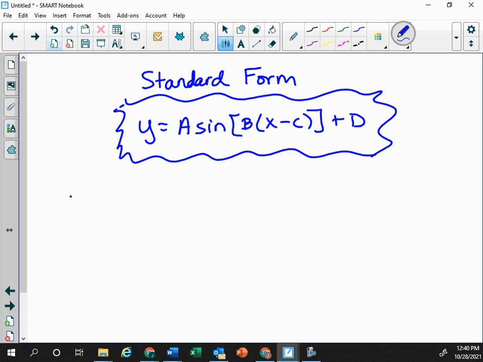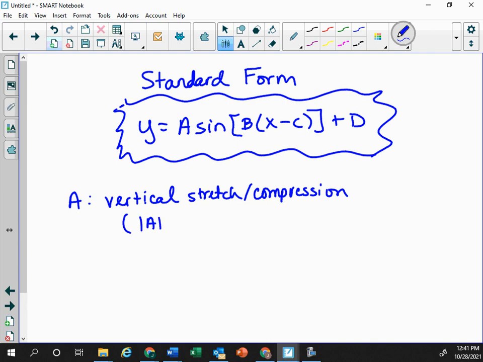If you had a number out in front where the A is, what would that do? Vertical stretch, right? So A is a vertical stretch or compression. Along with that, the absolute value of A is called the amplitude.